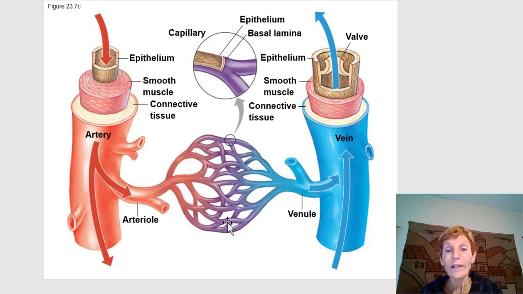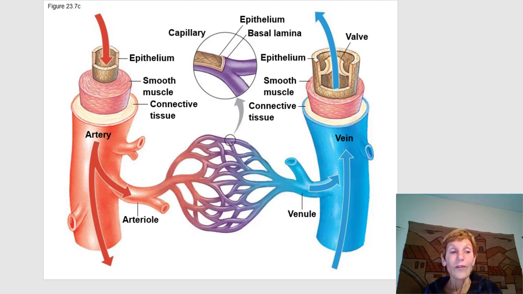Well, how can you regulate the capillaries? You can't really regulate the diameter of the capillaries. They're only really tiny in the first place. And in fact, if you were to squish down on the capillaries, you wouldn't be able to get red blood cells through them. Okay, so you can't regulate the diameter of the capillaries, but what you can do is regulate whether blood actually gets into a capillary bed at all.